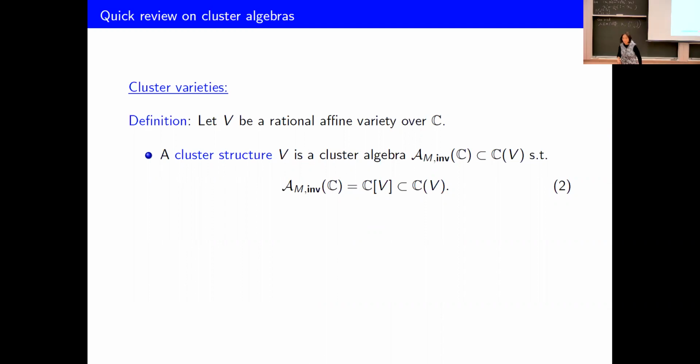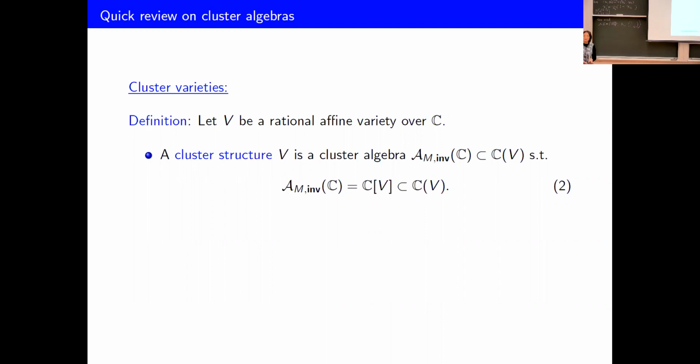Rational basically says that its field of rational functions is freely generated, with transcendence degree equal to the dimension. Or you can say it has an embedding as a Zariski open subset of Cn.